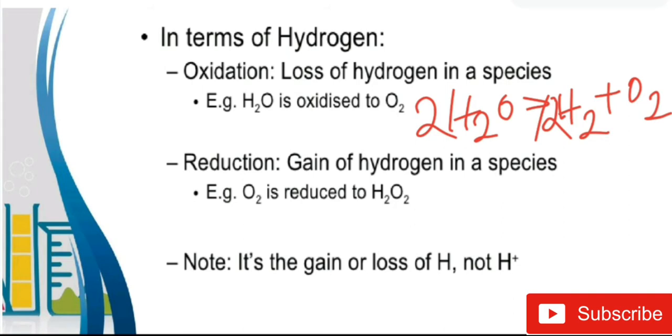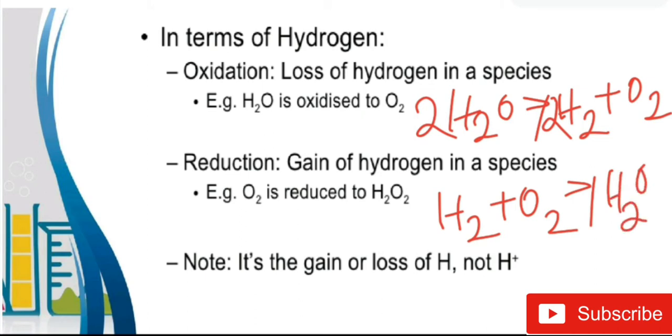Otherwise, reduction is the gain of hydrogen. When hydrogen combines with oxygen, you get hydrogen peroxide. So formation of hydrogen peroxide takes place when hydrogen gas combines with oxygen gas.